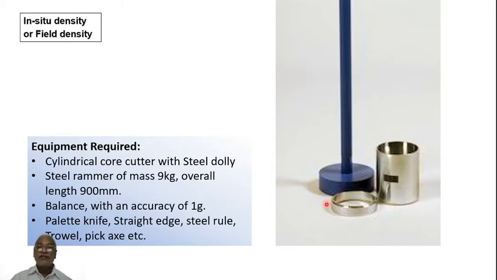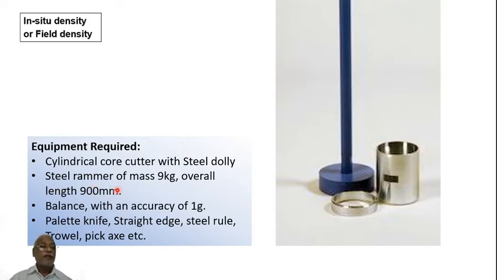And there is a steel dolly. Dolly is nothing but a ring which will be placed on top of the core, so that the core will not be damaged or lose its shape. To take care of the top edge while it is being penetrated into the ground, you have to put a dolly on top of it.